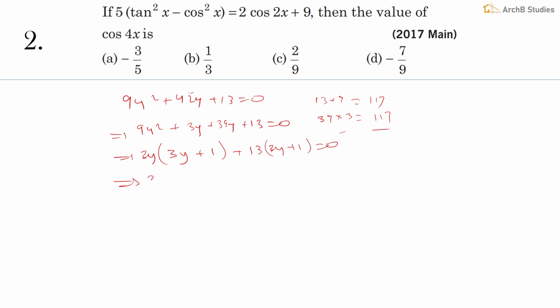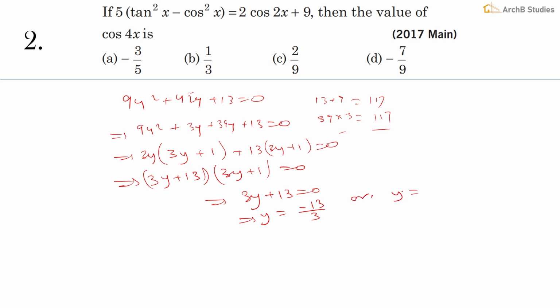This gives 3y plus 13, 3y plus 1 equal to 0. Okay, this implies 3y plus 13 equal to 0, y equal to minus 13 by 3, or y is equal to minus 1 by 3.